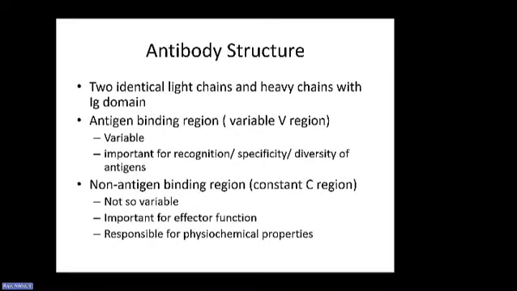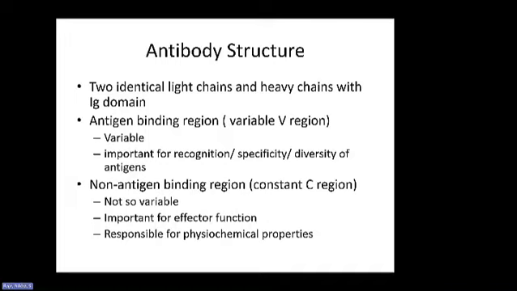The important part of understanding the function of antibody is to understand the structure of these antibodies. So the antibodies are made up of two identical light chains and heavy chains that have something called the immunoglobulin domain. We'll come back to talk about what the immunoglobulin domain is made up of.